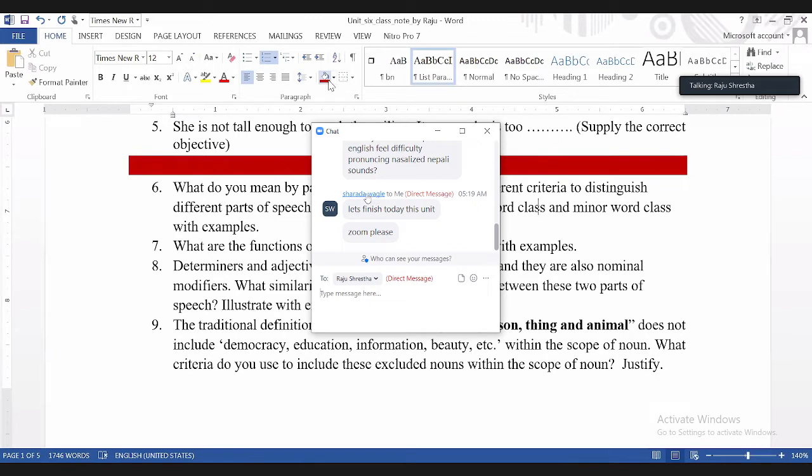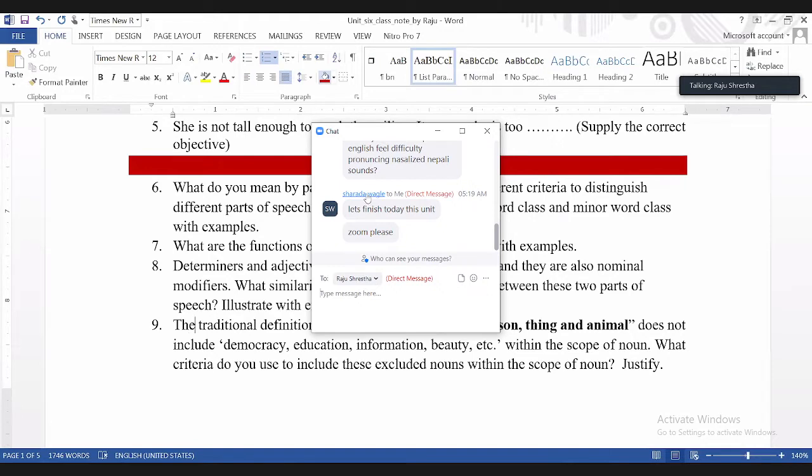Differentiate between major word class and minor word class. So with example, content knowledge seeking, opinion seeking type of question or problem solving type. What are the functions of noun in a sentence? Illustrate with examples. Determiners and adjectives are different parts of speech, and they are also nominal modifiers. What similarities and differences do you see between these two parts of speech?